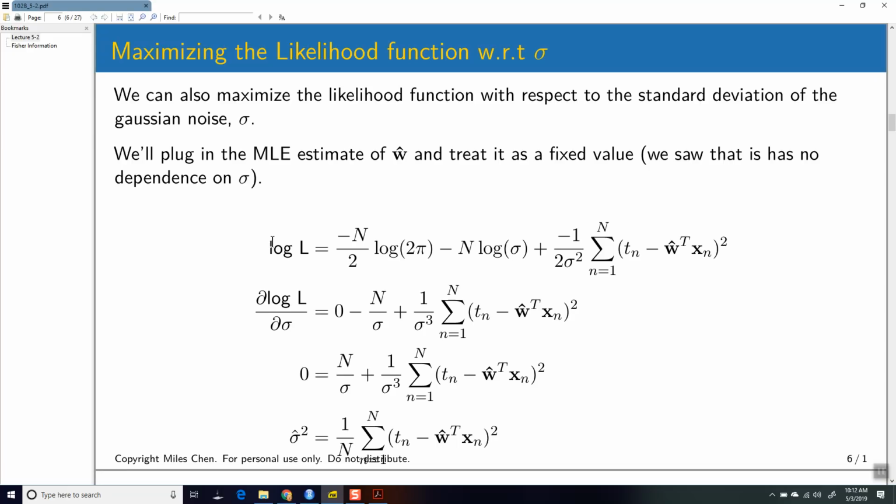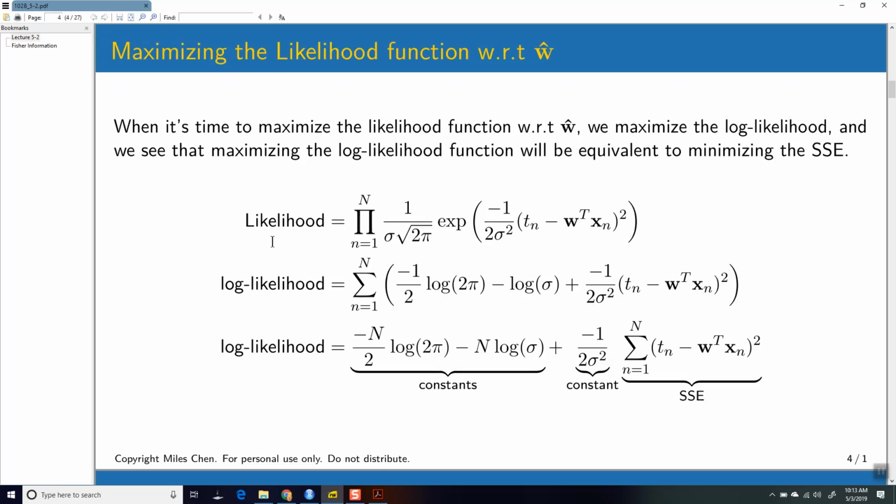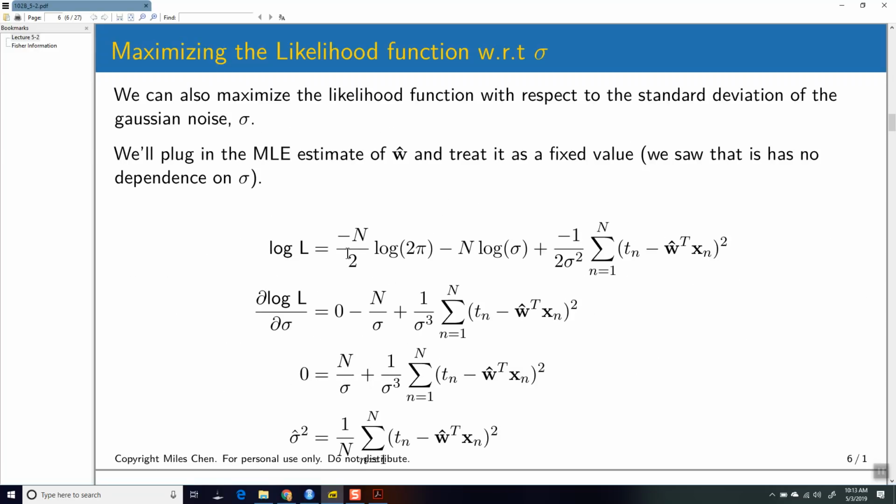So I'm just taking this part right here, whatever you call this whole thing, the log likelihood. That's my starting point, and now I'm going to take the partial derivative of this with respect to sigma. This is a constant, so we get 0.